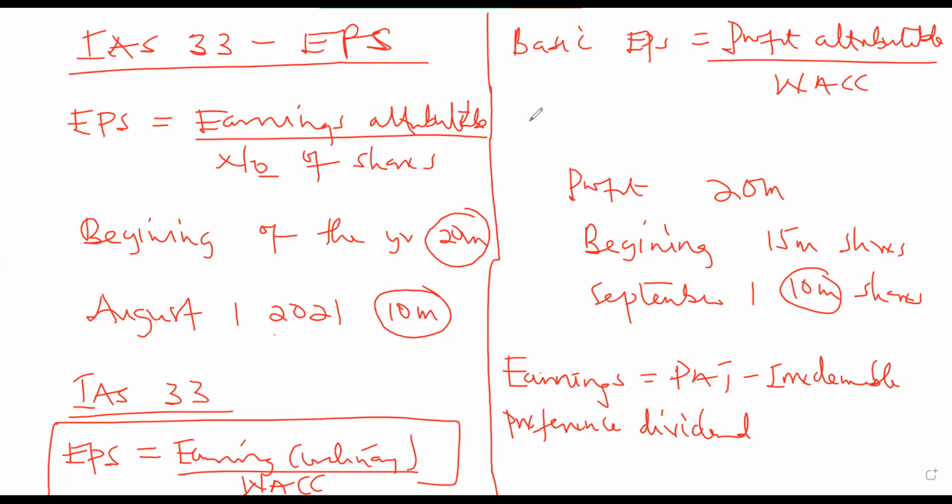So the non-cumulative preference dividend will also be subtracted from the profit after tax for us to get the profit attributable to you. So non-cumulative preference dividend will also be subtracted.